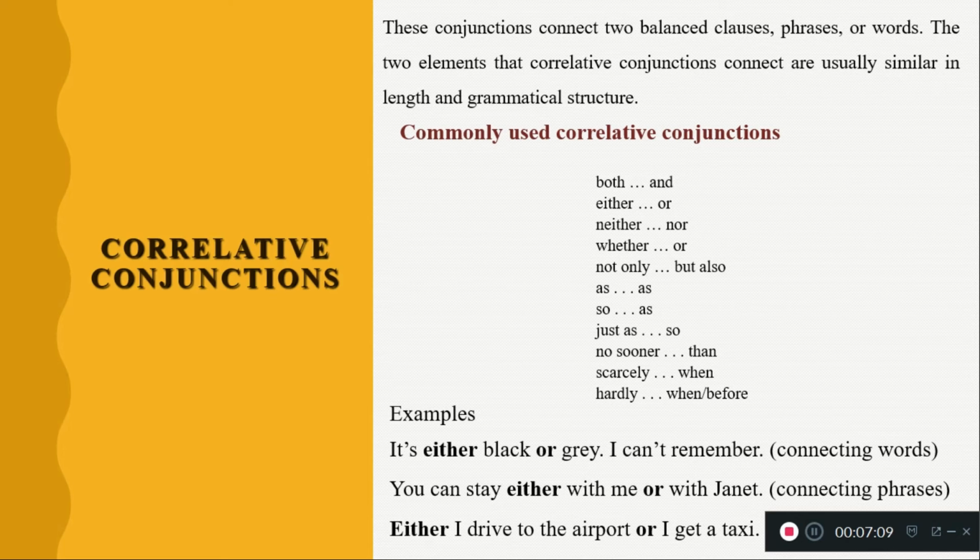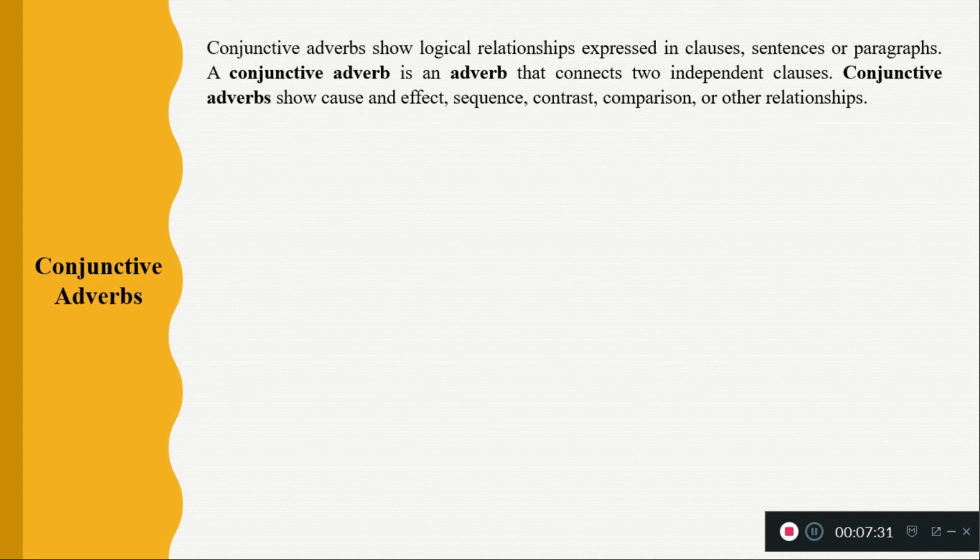These are the commonly used correlative conjunctions. Look at the example sentences as well. In the first sentence, the coordinating conjunction connects two words. In the second sentence, two phrases, and in the third sentence, two clauses.